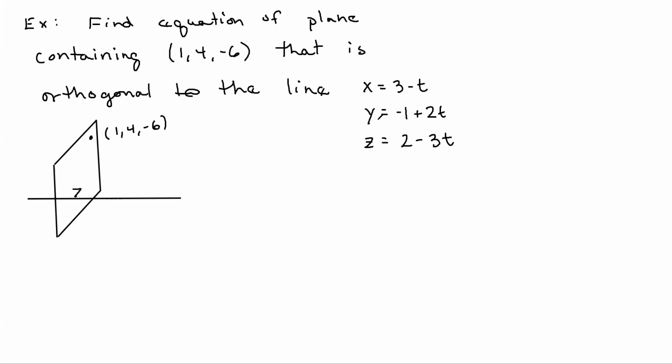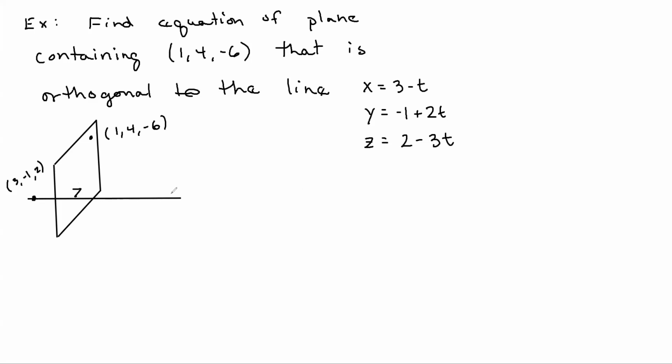And what do we got from that line? Well, we have a point. Now, it's important to understand the point that they gave here. We don't know that that point is on our plane. So you want to just put that somewhere off in space. Just assume it's not on the plane. It's most likely it's not. And so we'll have (3, -1, 2) over here off to the side.